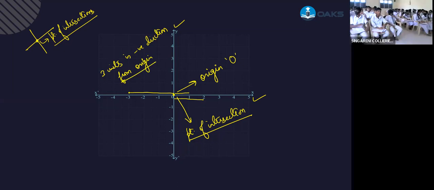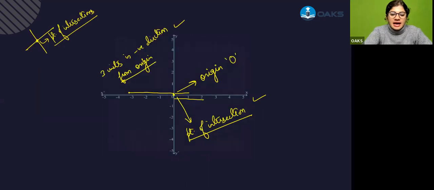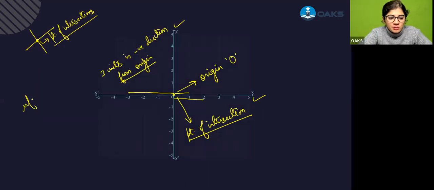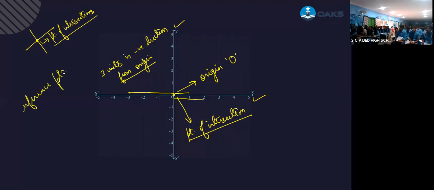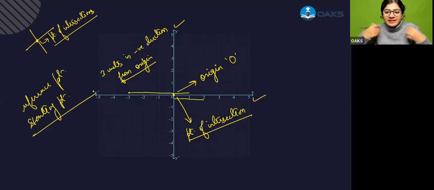I hope you understand all the 3 points. We are calling this the reference point, the starting point, or the point of intersection. These are different names given to a point. Now let's move further.